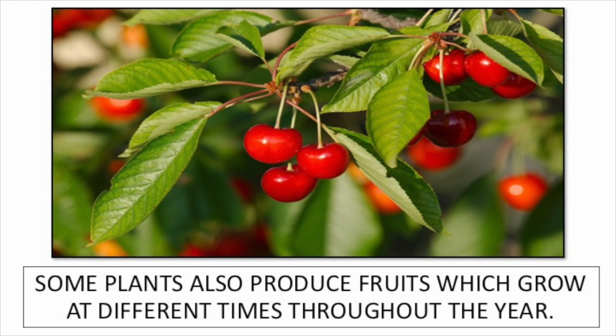Different fruits have different things known as seasons. And the season is when the fruits will grow. For example, you might have strawberries that grow at one time in the year, but then bananas will grow at another time. Any questions, guys?